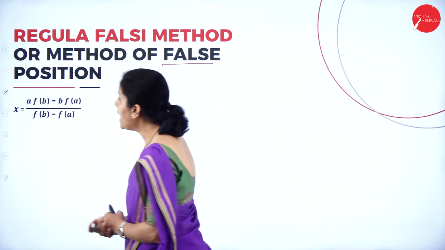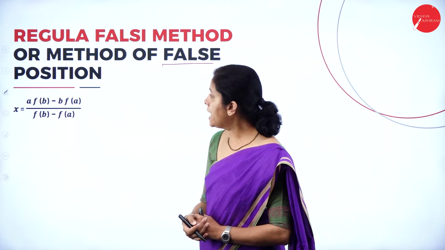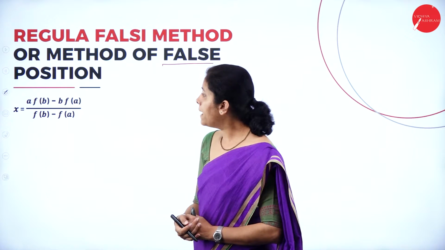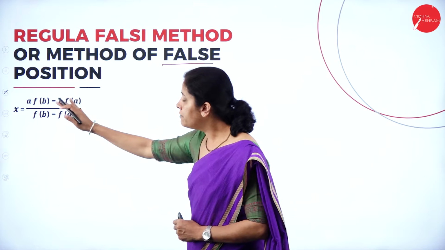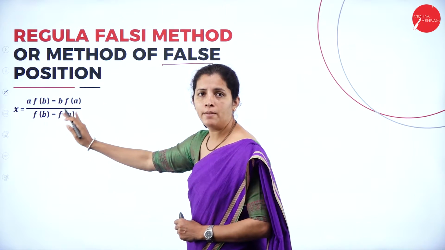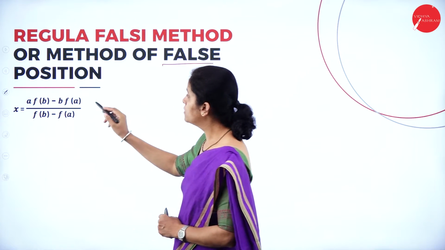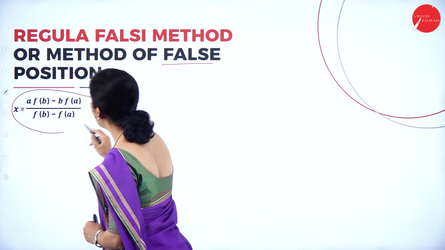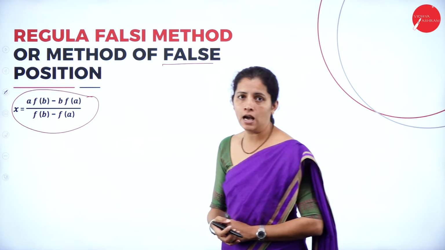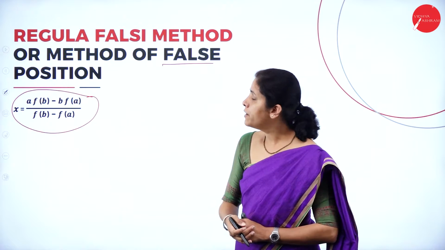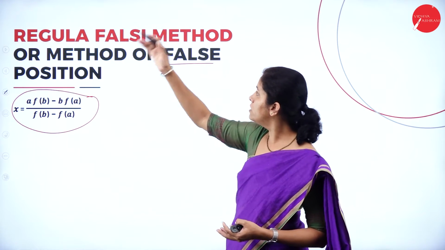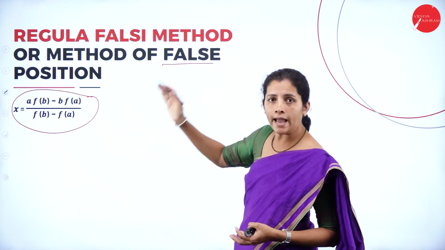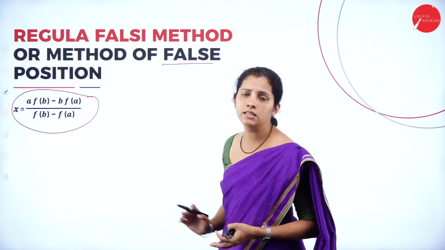That is x equal to (a f of b minus b into f of a) divided by (f of b minus f of a). So dear student, you have to remember this formula, because if I want to solve any problem by using the regula falsi method, then you have to remember this formula.